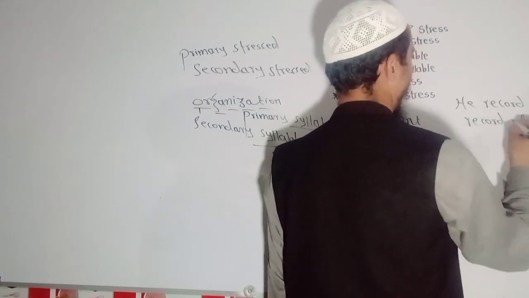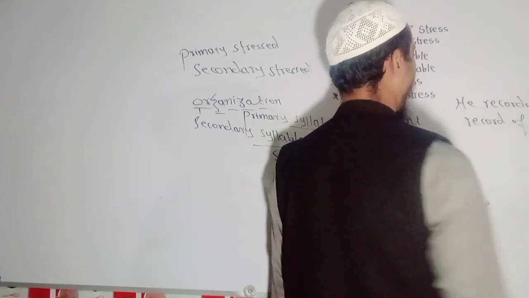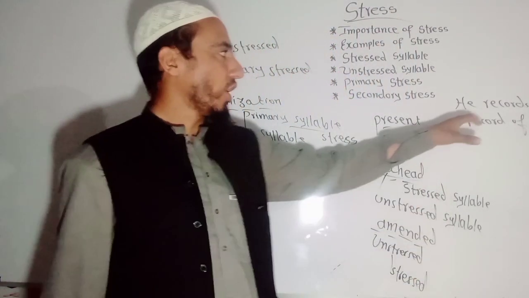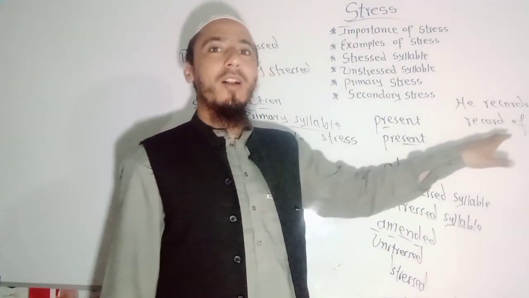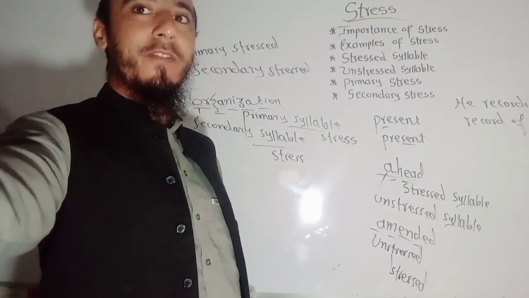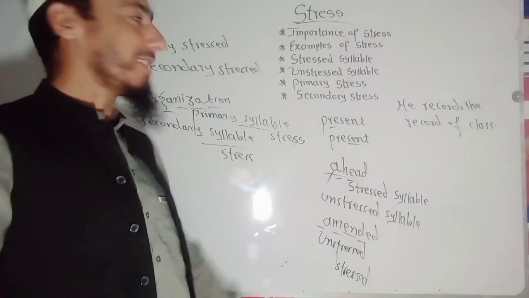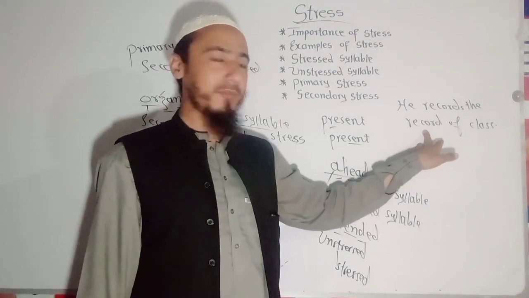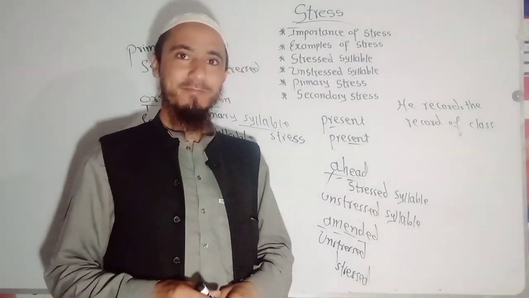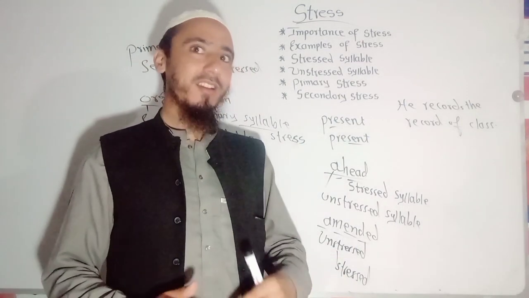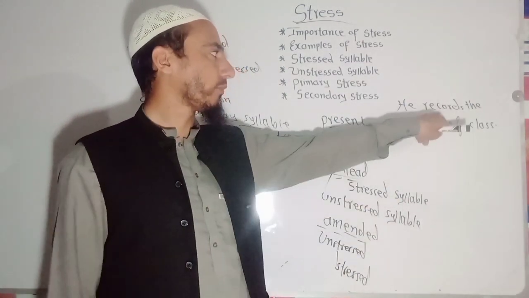Just an example. See now, here in this sentence, one has been used as a verb, and another has been used as a noun. For example, if I say, he records the record of the class. But let me identify the stress.